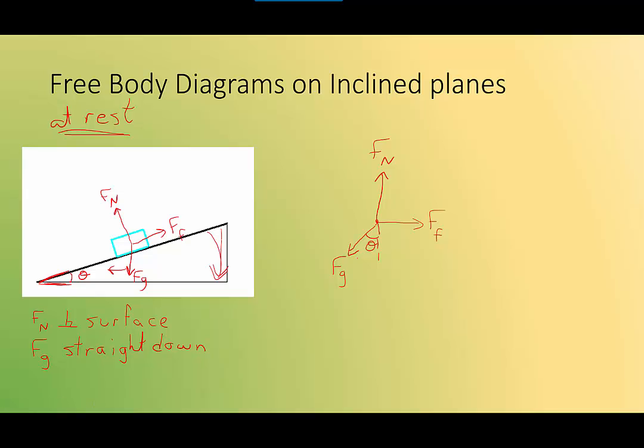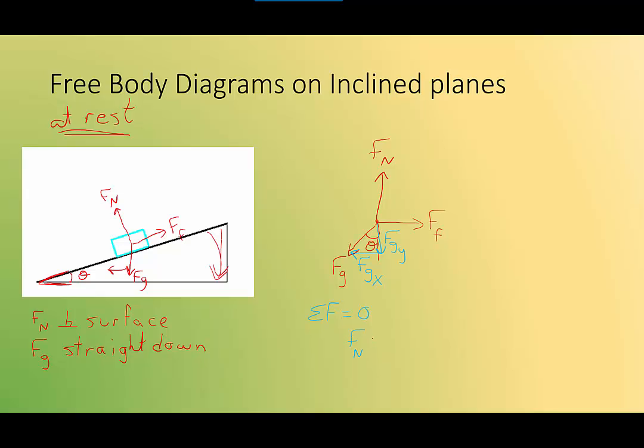So if we look at gravity, gravity now is at an angle, so we have both a horizontal component to it, which we can call FGX, and a vertical component to it, which we can call FGY. Because again, this is at rest, that means that the sum of our forces has to be 0. If the sum of the forces is 0, then that is true in the x direction and in the y direction.